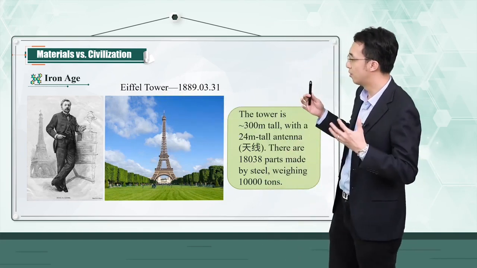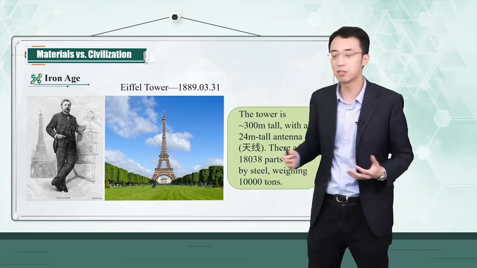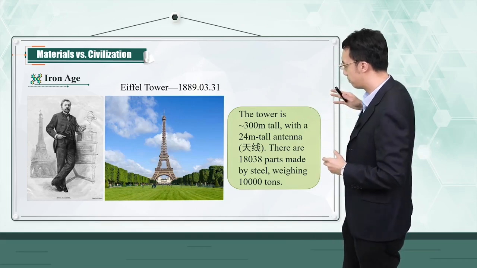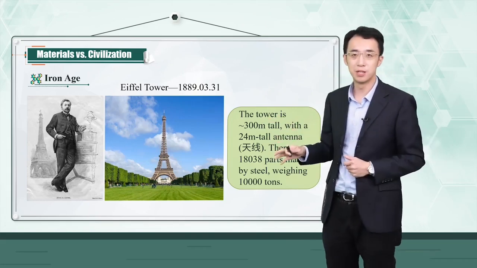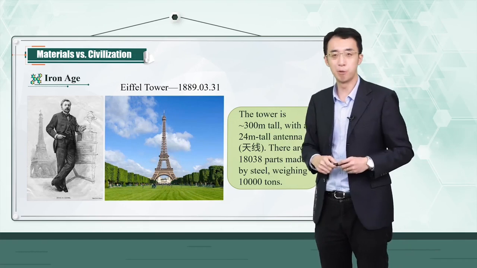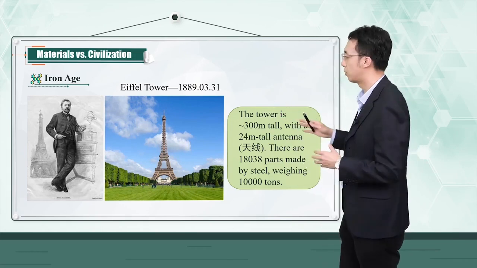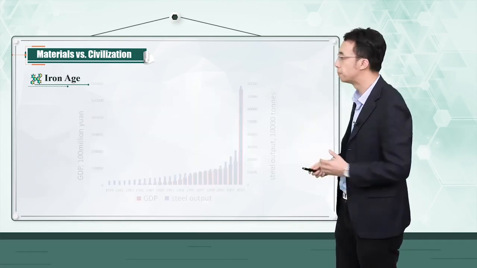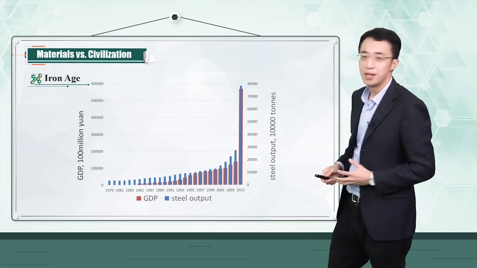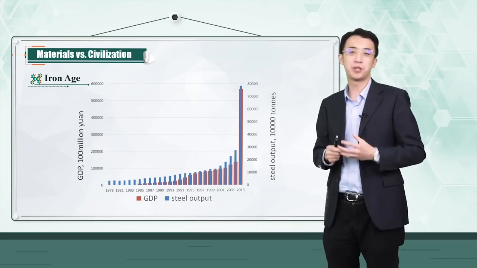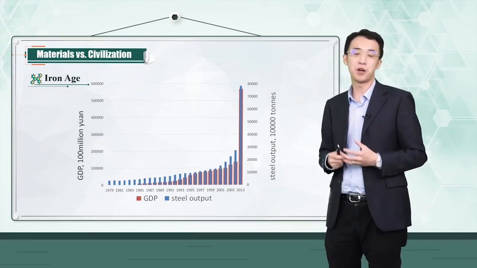Probably the most spectacular steel or iron-based architecture is the Eiffel Tower, manufactured over 100 years ago. It used a large amount of steel components and parts, and it is a really spectacular structure that human beings have ever made.